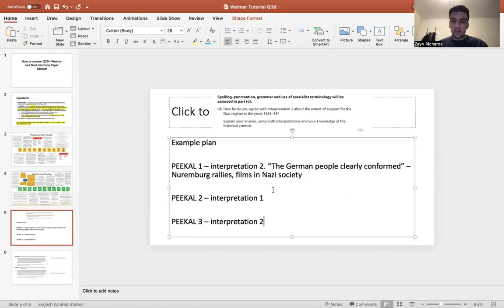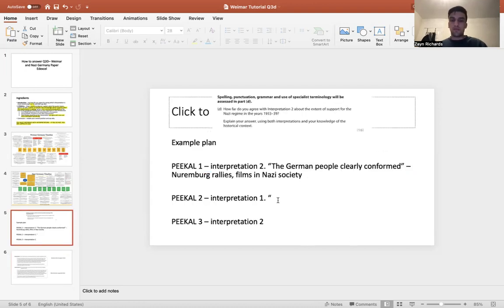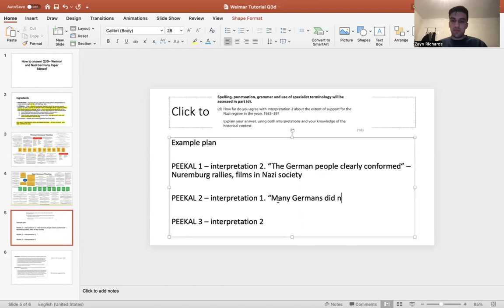For interpretation one, the quote I'll pick out is widespread complaining. In fact, yeah, so I'll do, in fact, many Germans did not conform, and I'll put dance to American swing music. So I'll put many Germans did not conform.